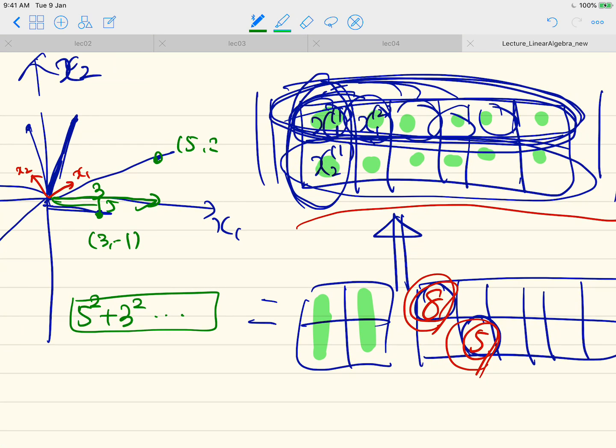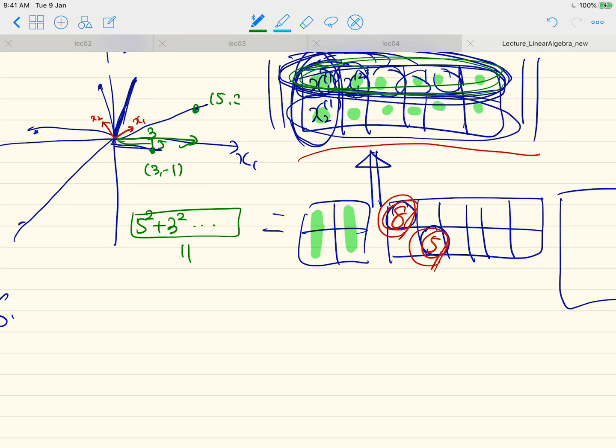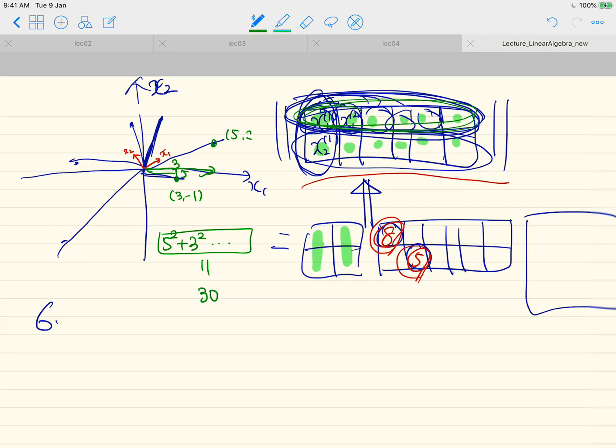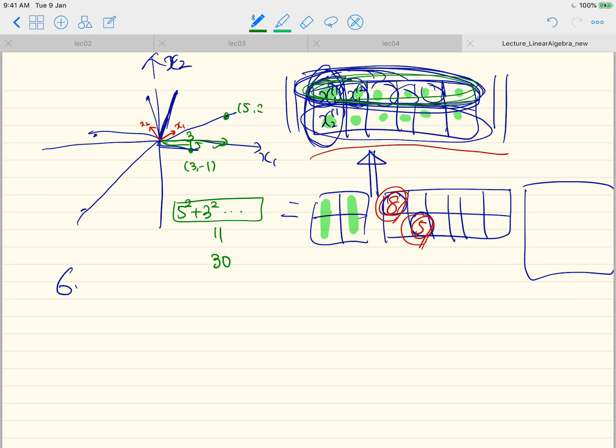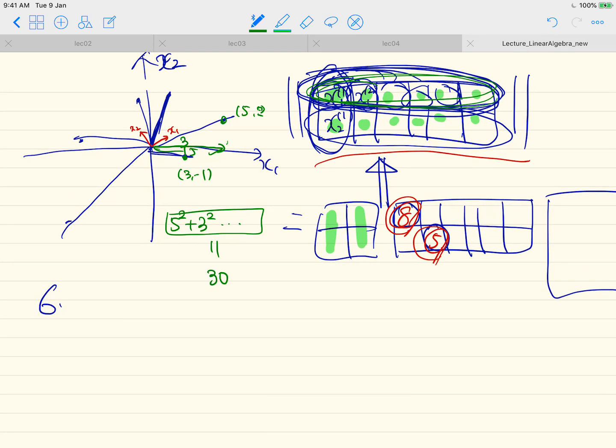This corresponds to the variance for the first axis, and suppose that number is 30, for example. Also we can compute the variance along the second dimension: 2 squared, then -1 squared, and so on. That's how we compute the variance along the second dimension.